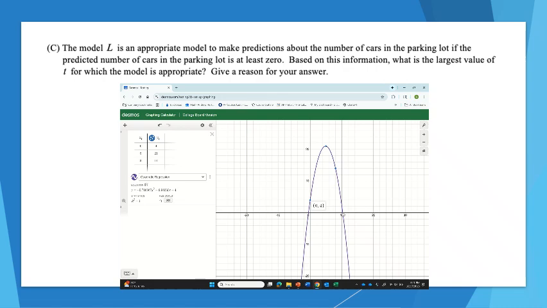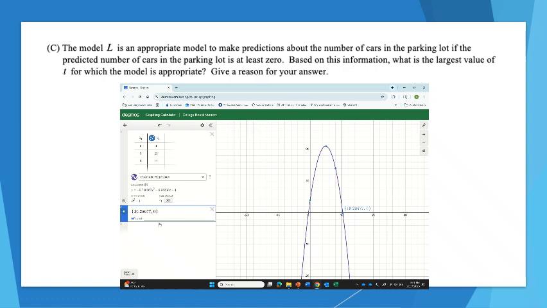So what we're going to want to do is, looking at this line, you just want to hover over that 0 and find your x value of that 0. So at t equals 10.287, rounding to 3 decimal places, this is going to be where our domain will end, right? That's our endpoint of our restricted domain.